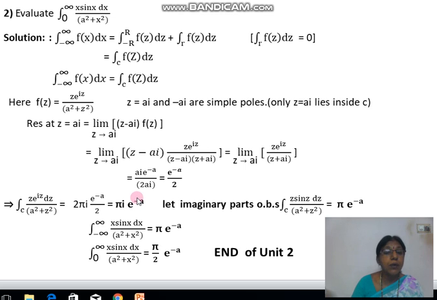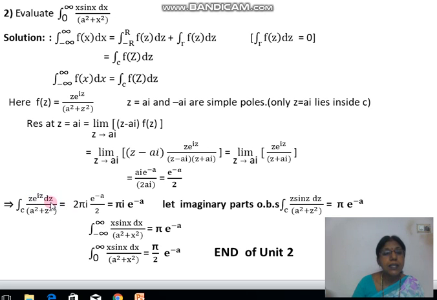I have already told you, in the problem we have the sine function, that's why you take imaginary parts on both sides. e power iz is equal to cos z plus i sin z, so the imaginary part of e power iz is sin z.